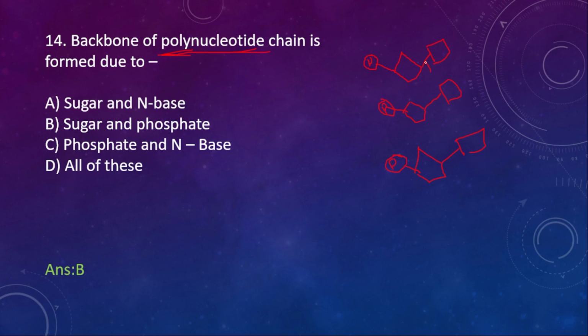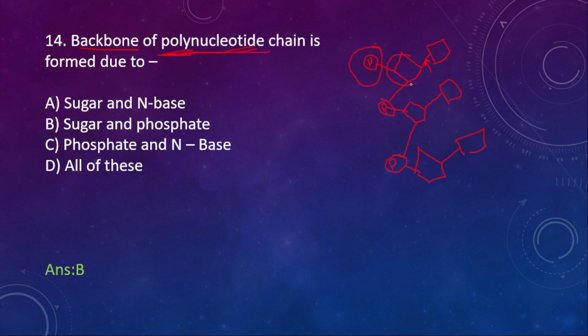Nitrogenous base, and this is a rough diagram, okay? This is the N-glycosidic bond, and this is the phosphoester bond. If the bond happens between two nucleotides, between the free phosphate group and the OH, then it is called what? Phosphodiester bond. Here also the same. Now this can be called what? Polynucleotide. So the backbone of the polynucleotide is made up of what?